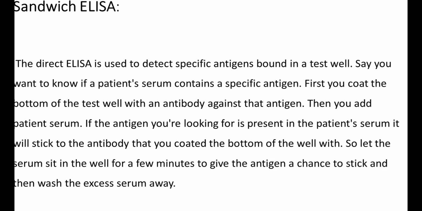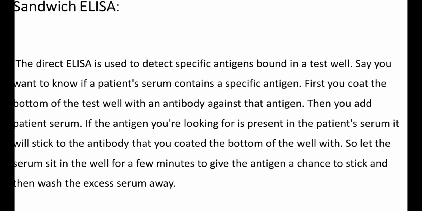That is the second type, and the third one is the sandwich. In this third type of ELISA, the microtiter well is first coated with the antibody. Then when we put in the patient sample, if the antigen is present, it reacts with the antibody and forms the antigen antibody complex.